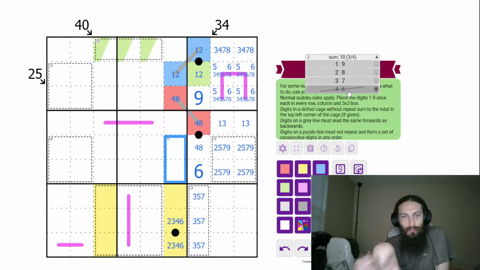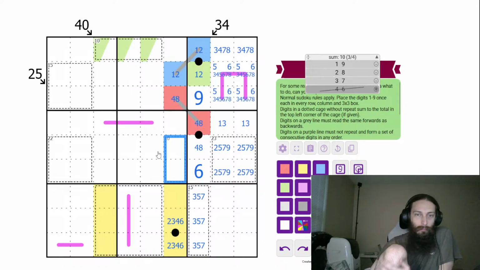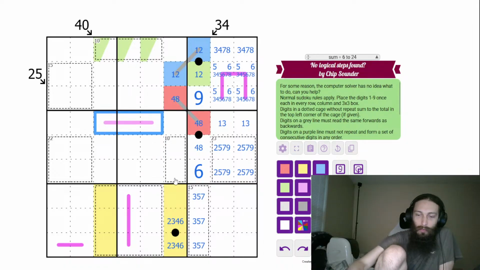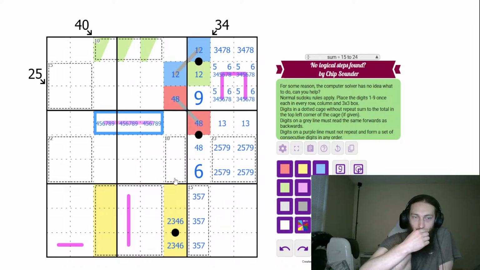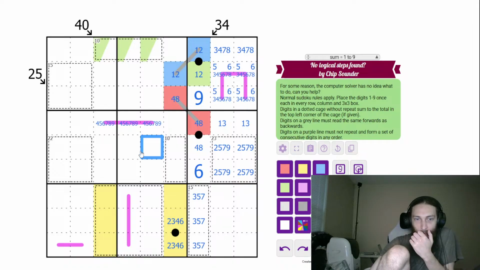I think 3 and 7 is the least restricted it can be. This Renban starts with a 4, or more accurately, cannot have 1, 2, or 3 on it. But 4 and 8 are too far away from each other to really be useful.